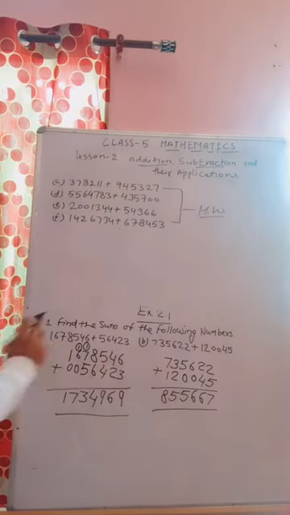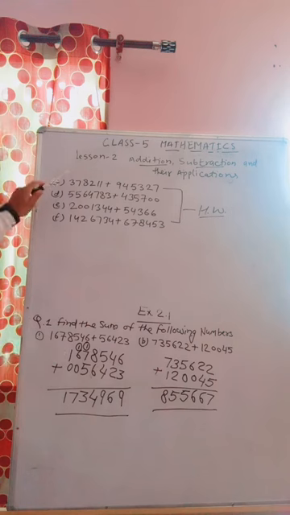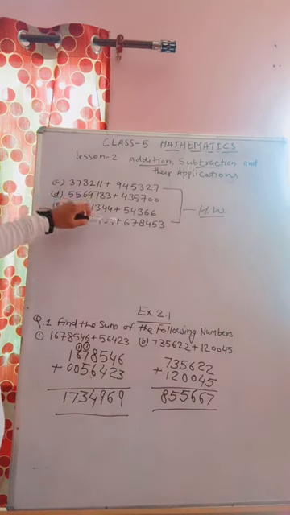Do it like this type. First arrange the numbers according to these, then give the sum symbol.